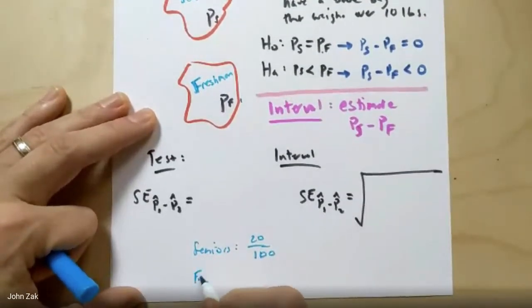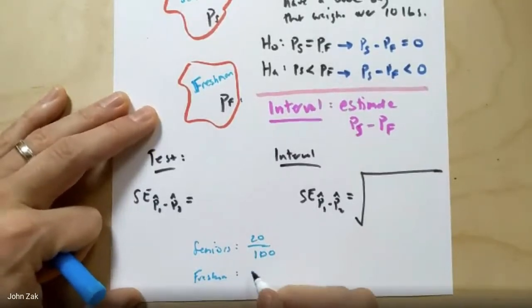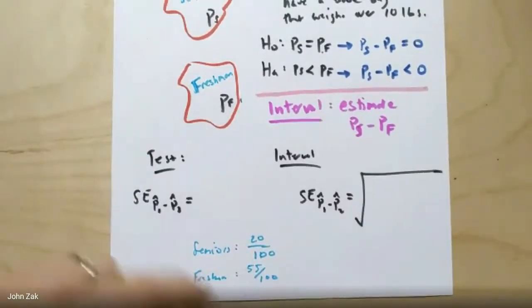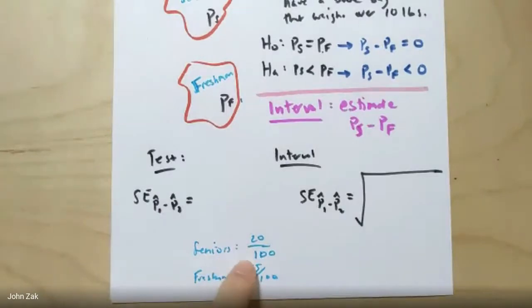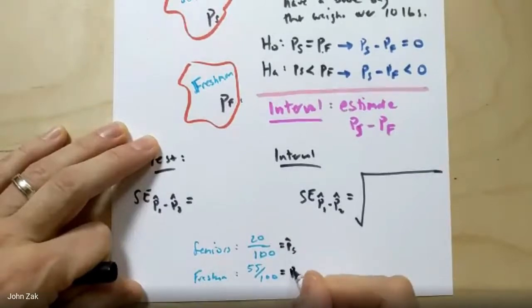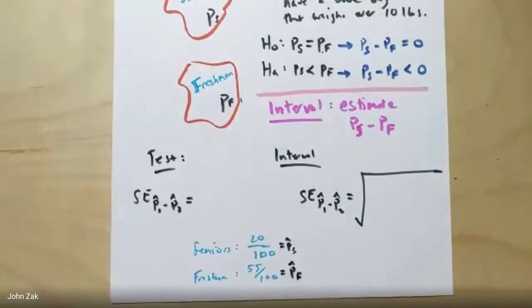But then amongst the freshmen, let's say it was maybe like 55 out of 100, and maybe that might be too low. I'm just making this up, but in this case, these would be my two p hats. This would be p hat S and this would be p hat F, right?